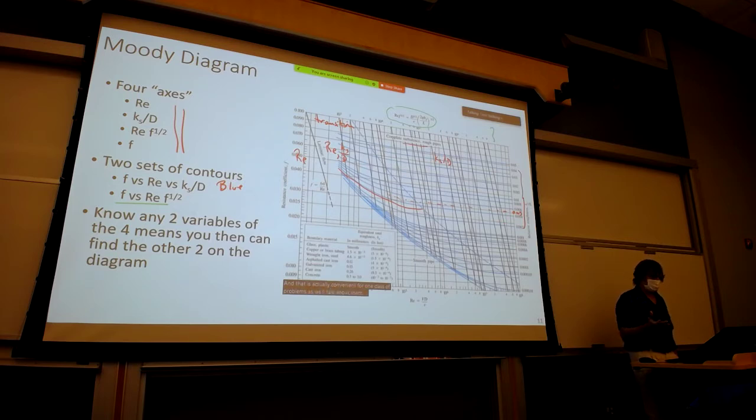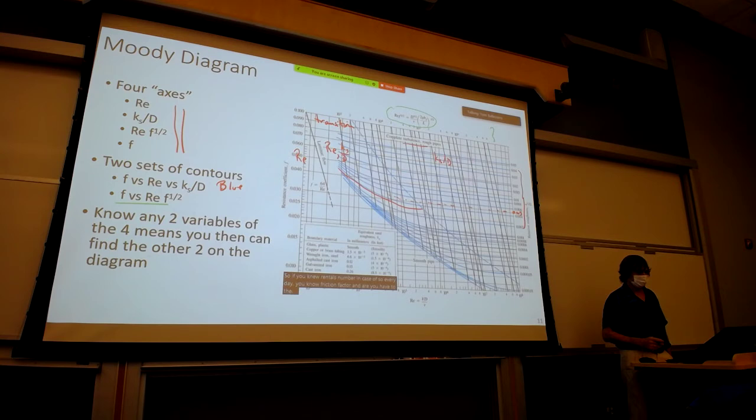So on this diagram, of the 4 axes or variables up above, if you know any 2 of them, you know the other 2. So if you knew Reynolds number and Ks over D, you know friction factor and Re f to the 1/2.